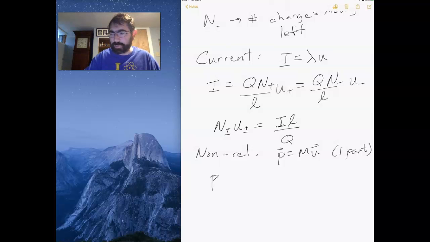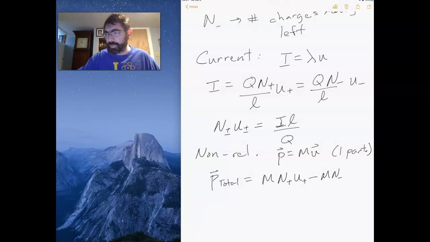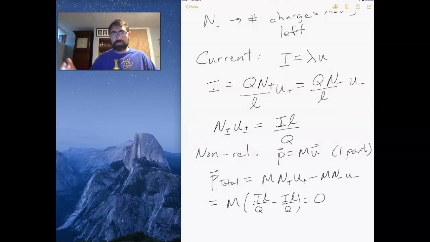So the total momentum is the mass of each particle, the number of the charges plus, so basically the ones moving in the top, minus the number moving in the bottom. And so what I get is, factor out the m, and I get ILQ minus ILQ is equal to 0. So we expect that, with a steady current flowing through this coil.